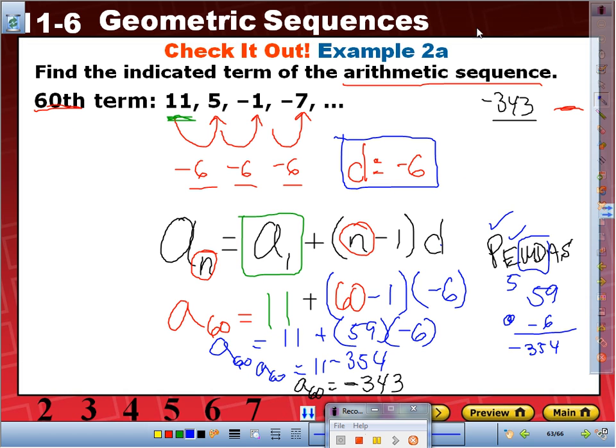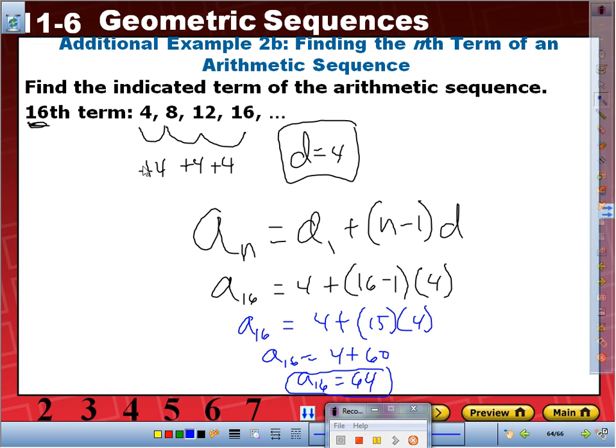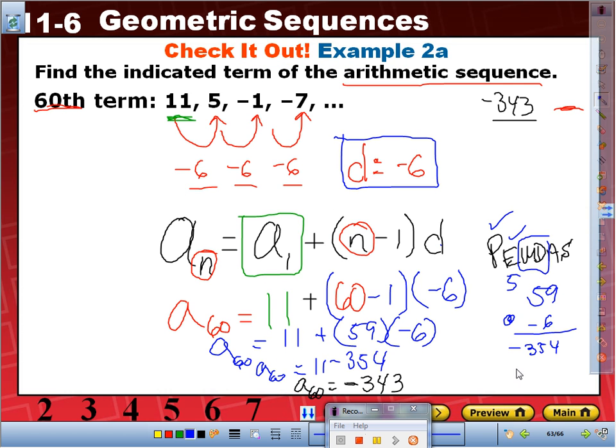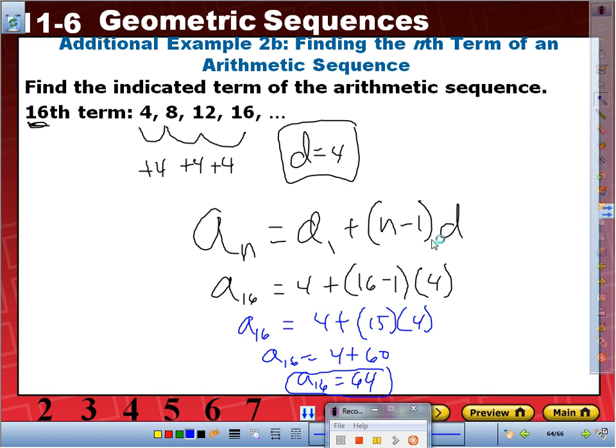Are we there? So if for arithmetic sequences it's subtracting or adding, think about it and don't say it out loud. What do you think is going to happen for geometric sequences? If for arithmetic sequences we subtract or add for the pattern, what would we do for geometric?